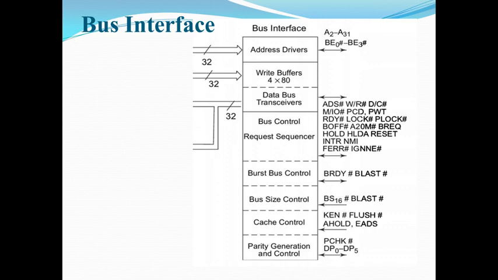Next, burst control logic is used to control the buses during the execution of burst transfer. Cache control logic connects the processor's local buses to the external cache control. Parity generator and checking logic automatically generates even parity on data being written by the microprocessor and checks for valid even parity during the read bus cycle.